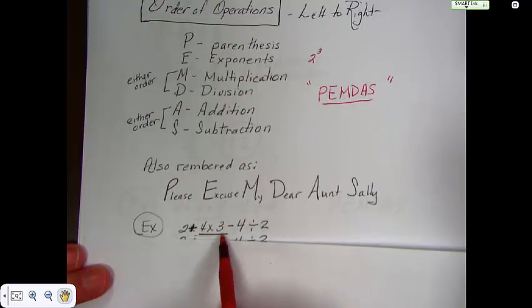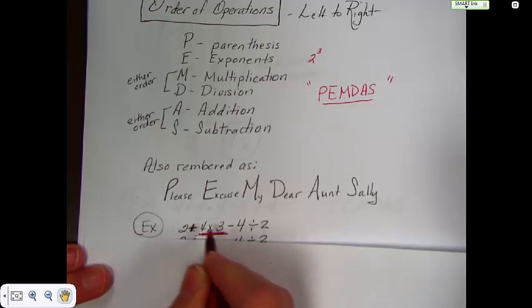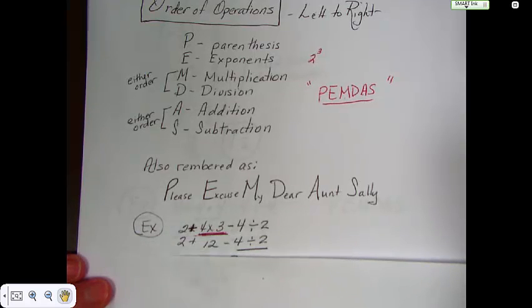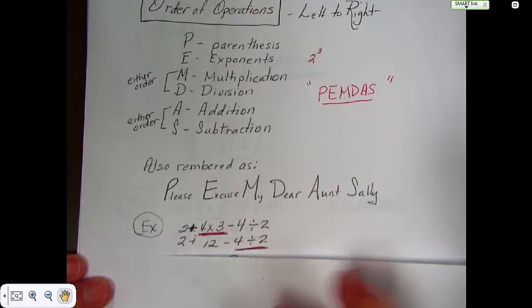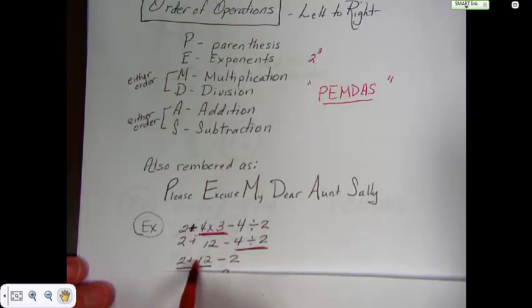Happens to be there's multiplication, and we're going left to right, so I underline the multiplication, 4 times 3. I go to the next step. 2 plus 4 times 3 is 12, minus 4 divided by 2. Now, I can do the division. 4 divided by 2, which of course is 2, and I'm left with 2 plus 12 minus 2.